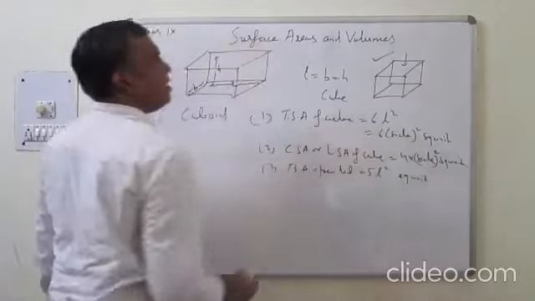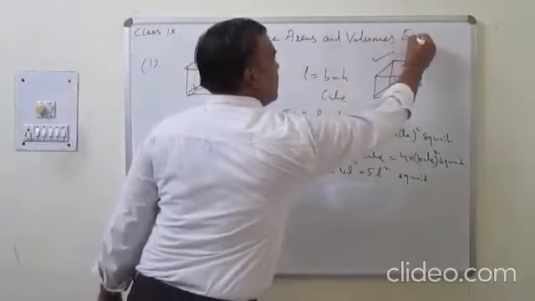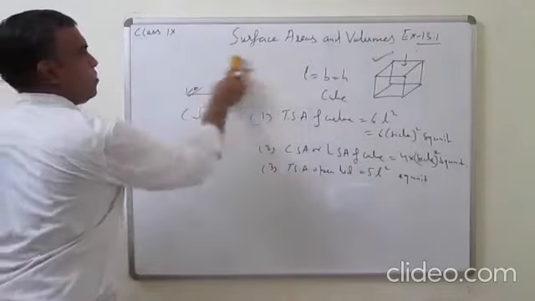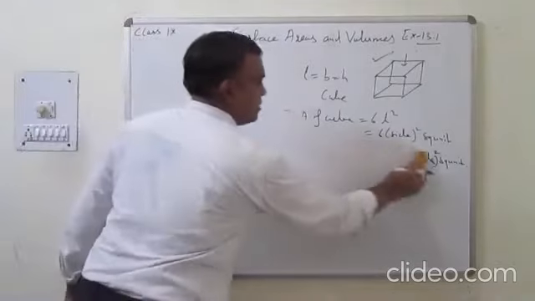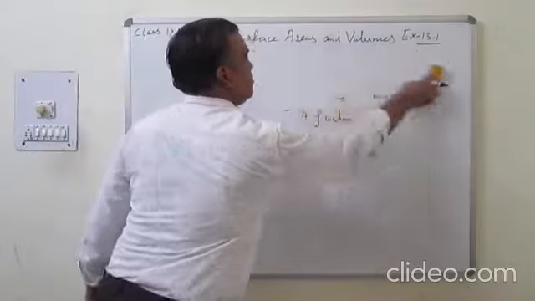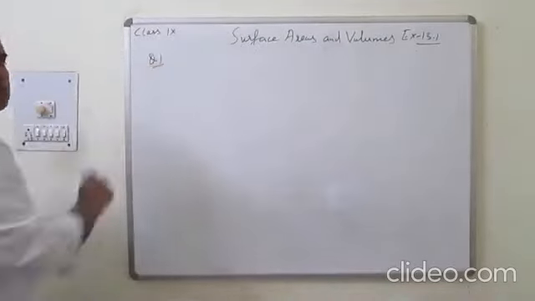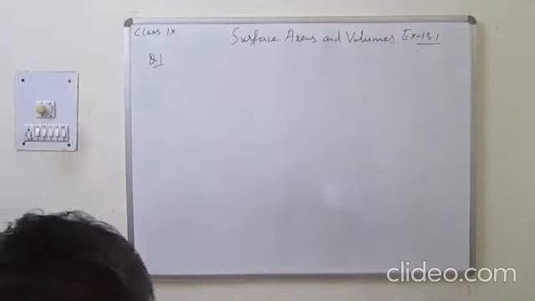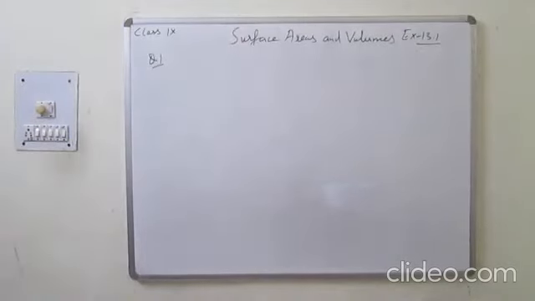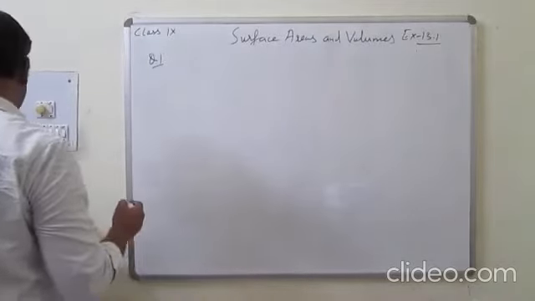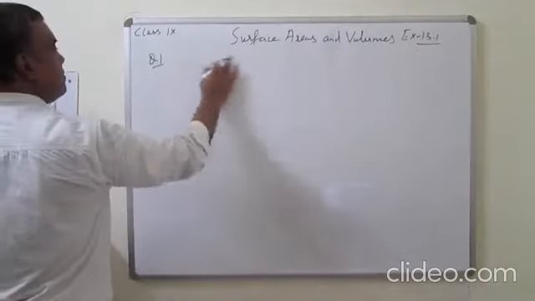Now we will start exercise 13.1 of your exercise book. Question 1, see the question first. A plastic box 1.5 meter long is given to you.